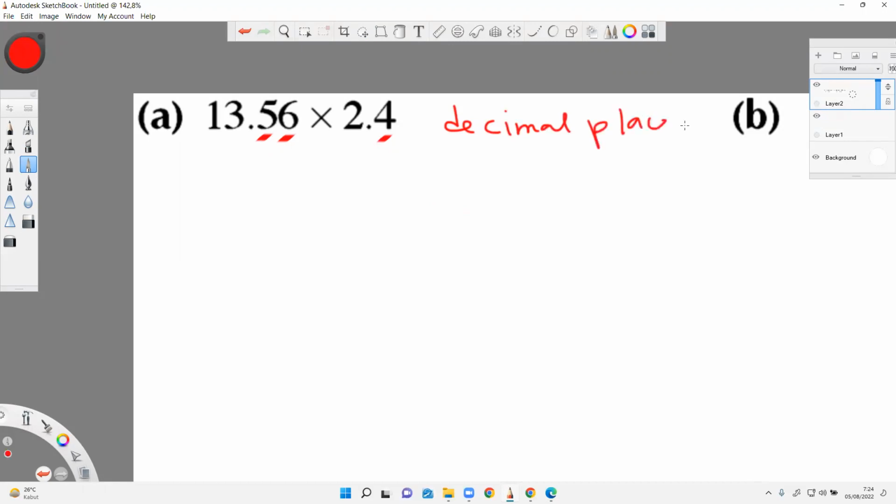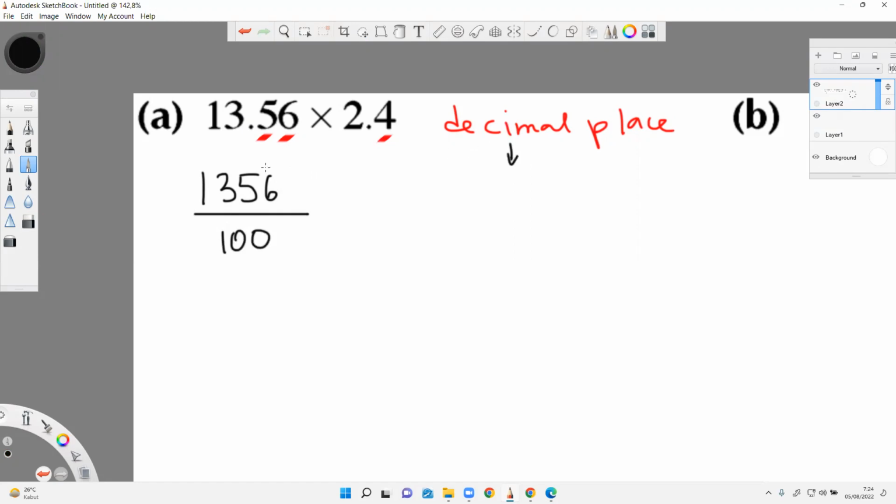Decimal place. Okay. Now, when we know that the decimal place of 13.56 is 2, you can just write 1356 over, remember, over 100. Two decimal places means two zeros, 100.